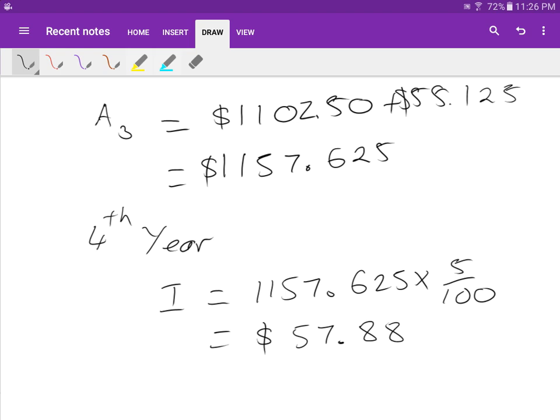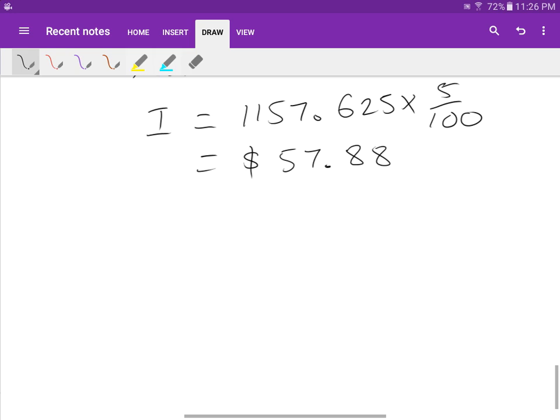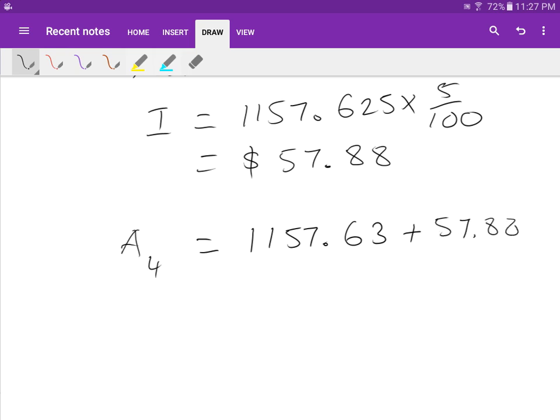That's how much interest I have. If I want to work out how much I will have at the end of the 4th year, I take $1,157.63 and add $57.88.